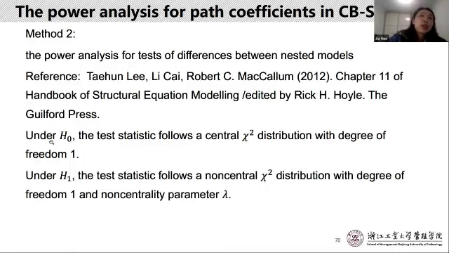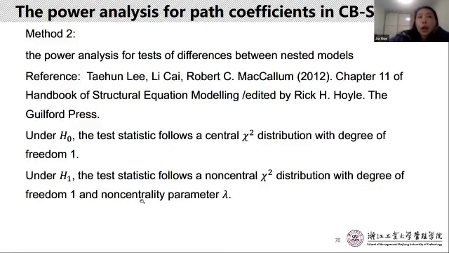Then if we use the chi-square test to test the difference between path coefficients, under the null hypothesis, the test statistic follows a central chi-square distribution with degrees of freedom 1. And then under the alternative hypothesis, the test statistic follows a non-central chi-square distribution with degrees of freedom 1.